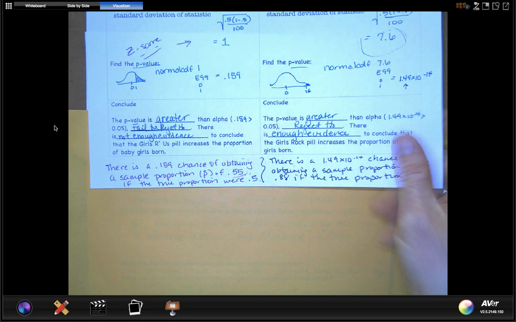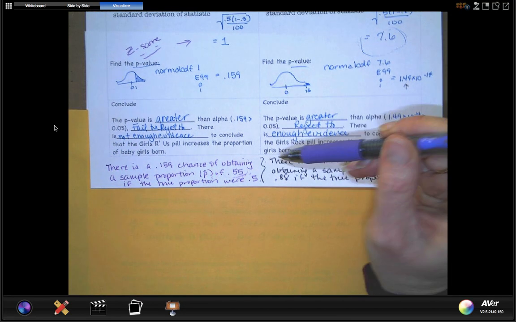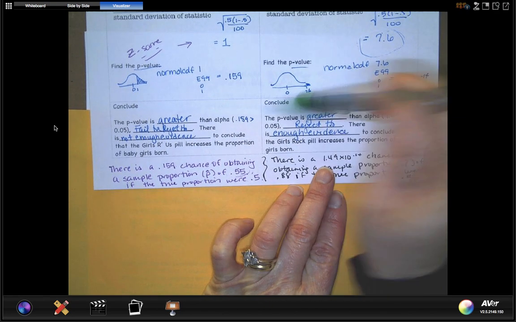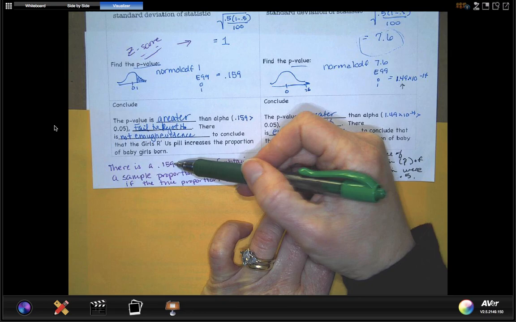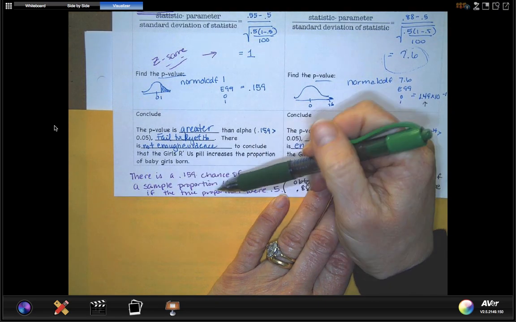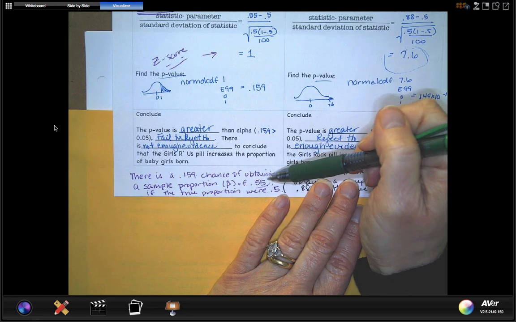All right, so I shortcutted it a little bit before just because we weren't quite there. So here, I'm going to add something. There is a 0.159 chance. This is from our intro problem. This is the p-value we got. So the 0.159 chance of obtaining a sample proportion p-hat of 0.55. Now remember, my definition says or more extreme. You can leave it like that, just say or more extreme.